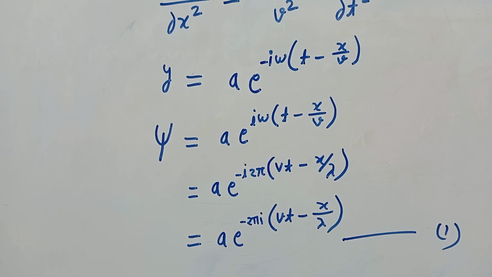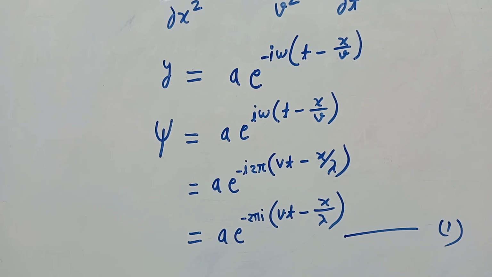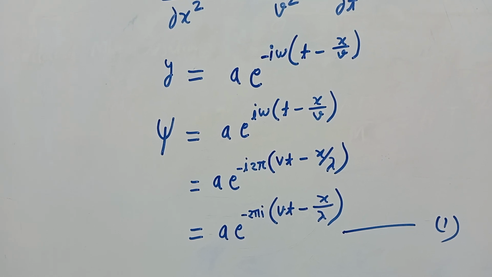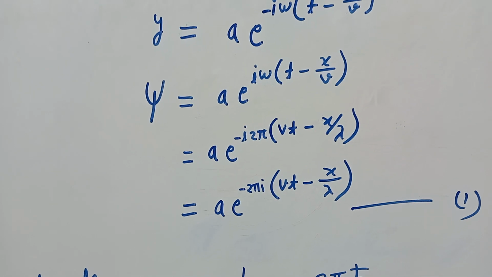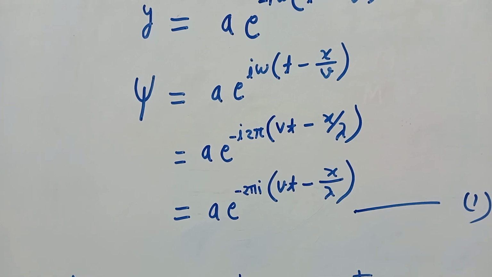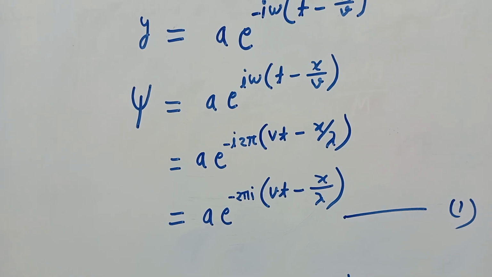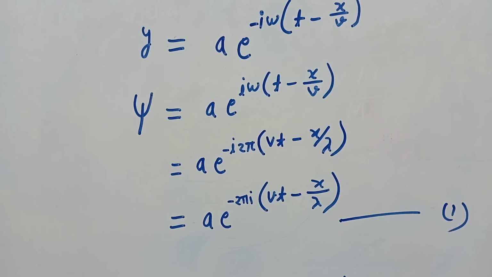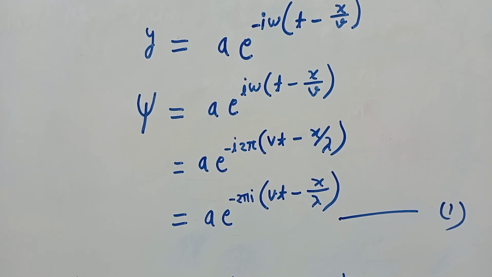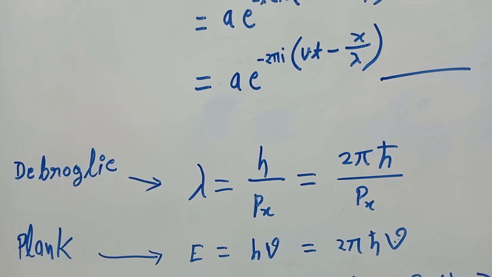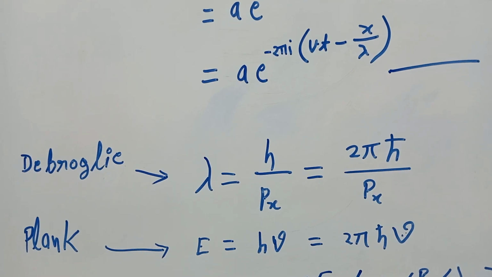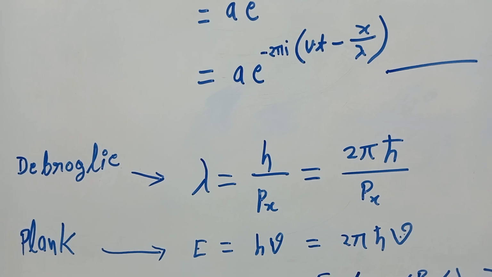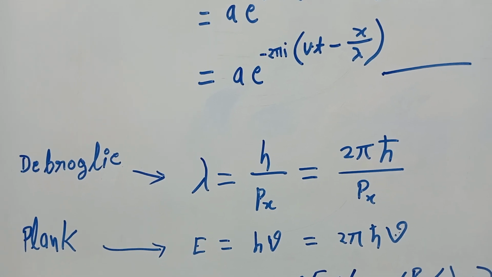Therefore, if psi is the solution of this equation, the wave function becomes psi equals a e raised to minus 2 pi i vt minus x by lambda, as shown here. Now, using de Broglie and Planck law for lambda and E, we have two equations.